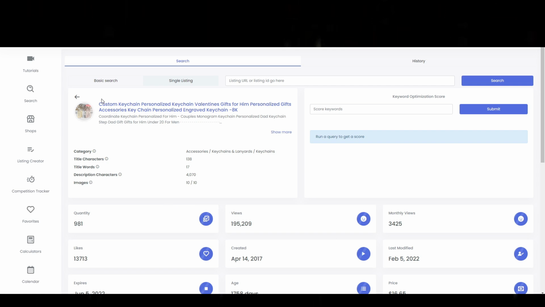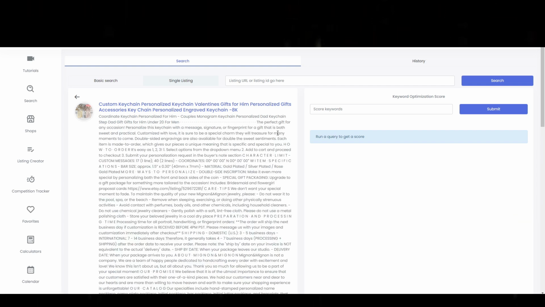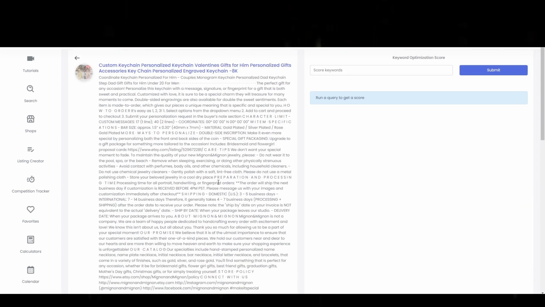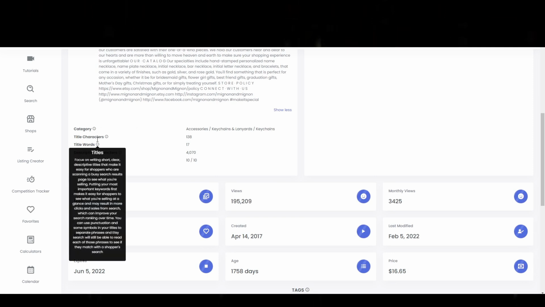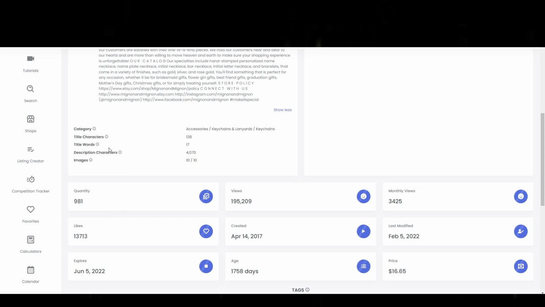And I'm presented here with the title of the product and the description, which I can click show more on and read the whole entire description. Then I can see some information about the product. So I have the category, the title characters, the title words, how many words there are, how many characters there are in the title, the description characters, how large the description is, and how many images there are. In this case, it's 10 out of 10.